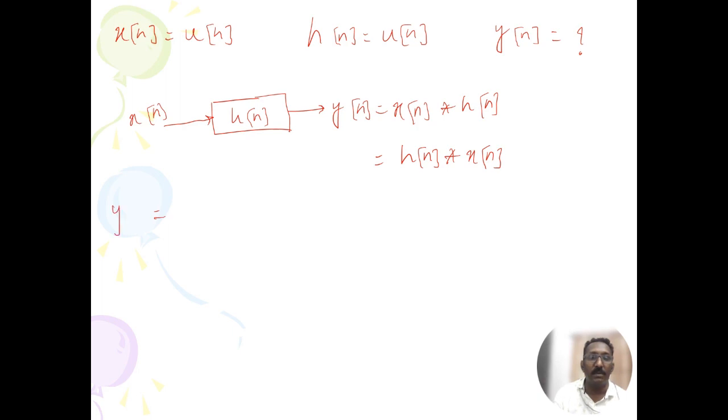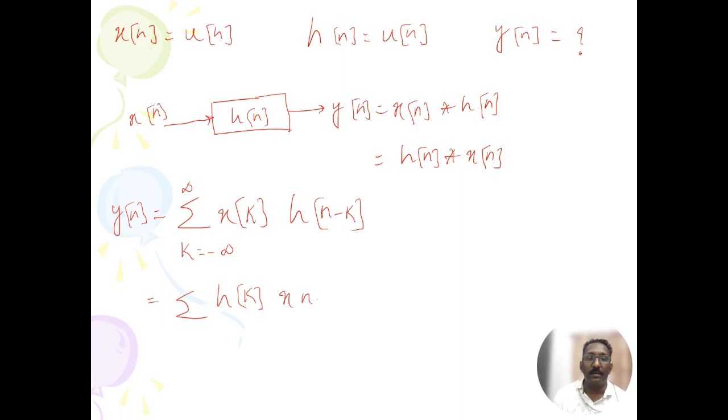So y of n is equal to summation x of k h of n minus k, k equal to minus infinity to plus infinity. In the same way, summation h of k x of n minus k, k equal to minus infinity to plus infinity.